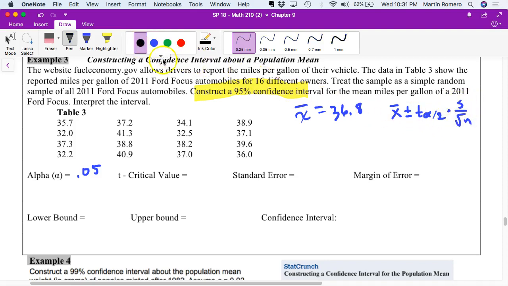This is your point estimate. This is called the critical t value.